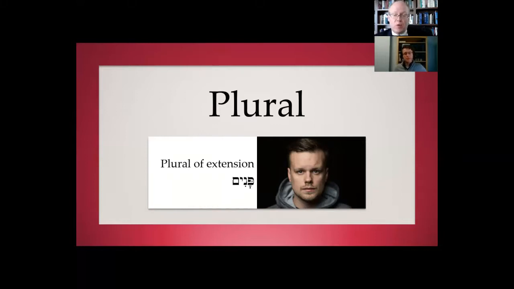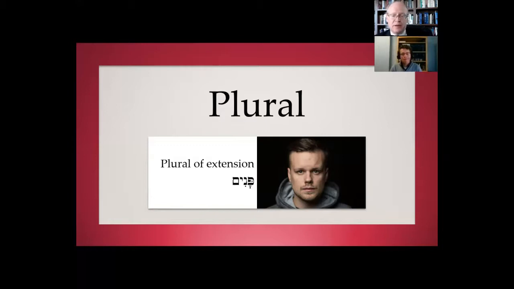And one man's face is a panim. The question is, why is the plural morphological form used? Well, we're guessing, and our best grammatical guess is that because it's made up of a plurality of parts, and yet those parts are together in a unity, the plural form was used.